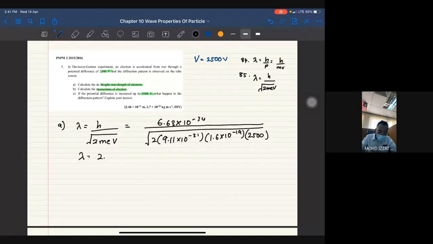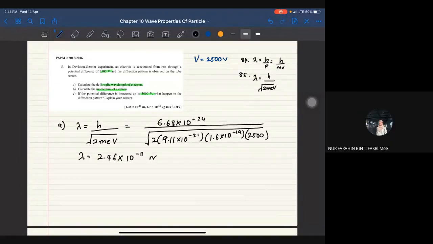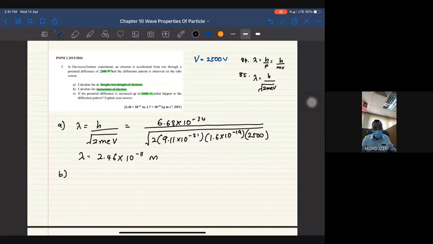Did everyone get the same answer with me? Yes, sir. Okay, good. Question B, calculate the momentum of electrons. So now you can use p equals to mv, but you don't have the v, so you have to use lambda equals to h over p. So basically your p now becomes h over lambda.